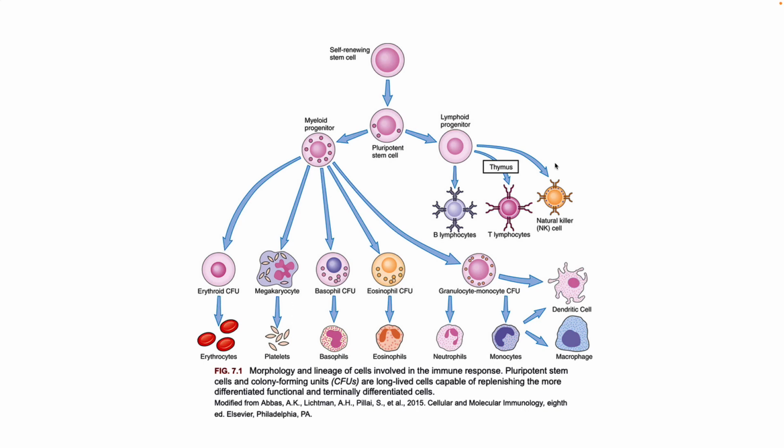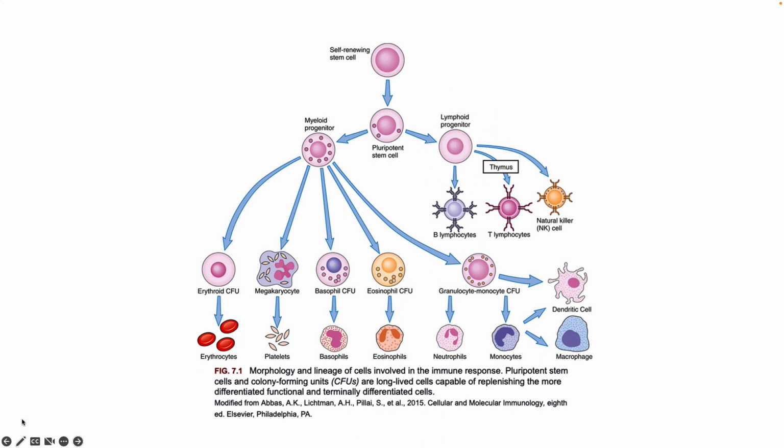This is a diagram showing how we can go from a single hematopoietic stem cell up here at the very top to the various cells of the immune system. So you get the pluripotent stem cell, which goes into the myeloid lineage and the lymphoid lineage.